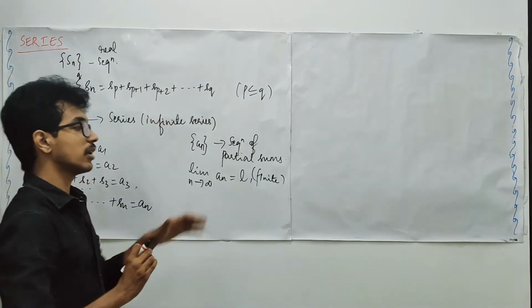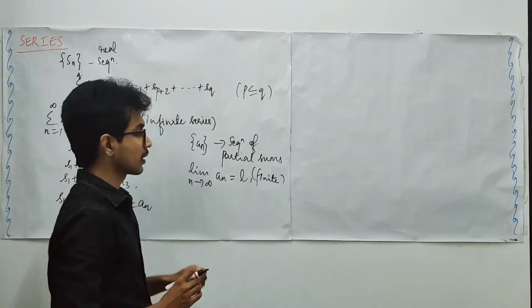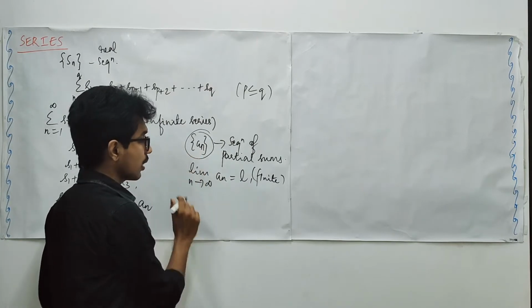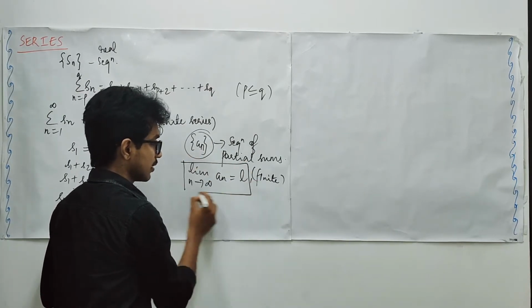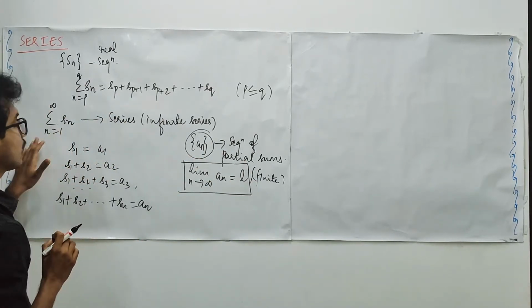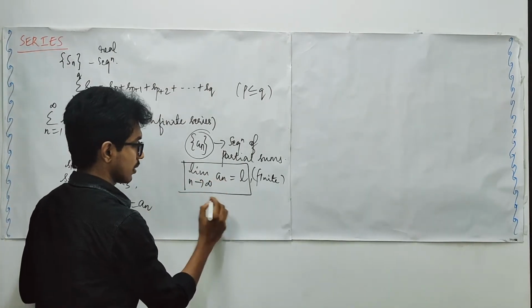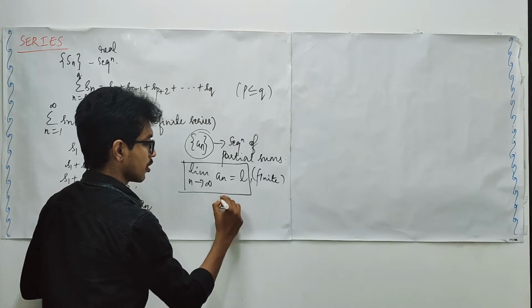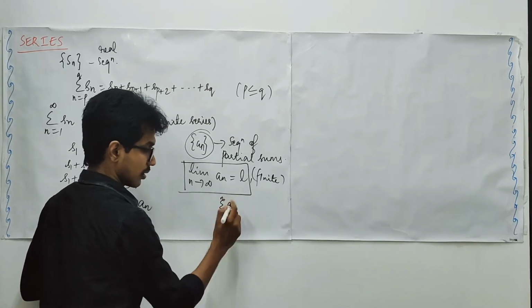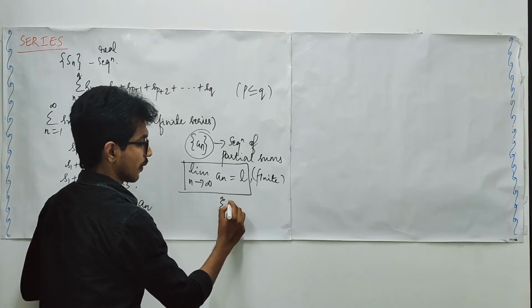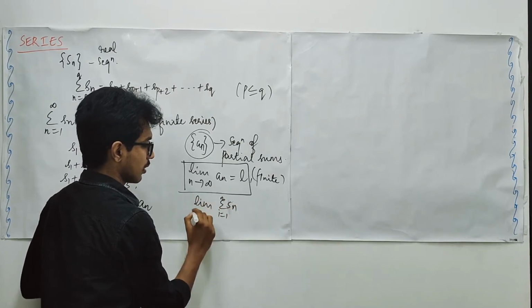After finding the sequence of partial sums, we check the convergence of this sequence. If it is convergent, then we say the series is convergent. This is the summation i runs from 1 to n of Si, and here I am taking the limit.